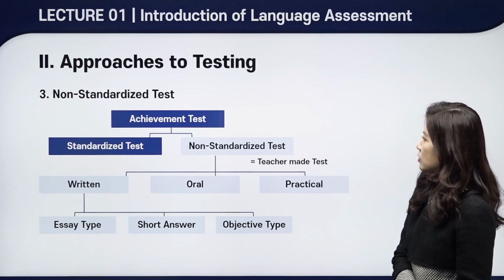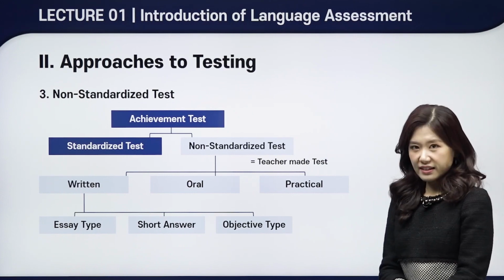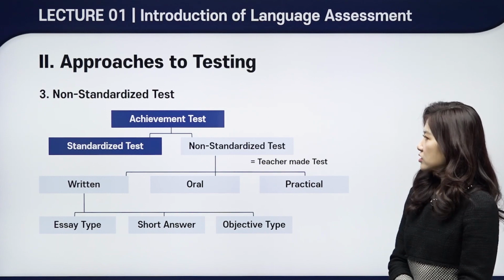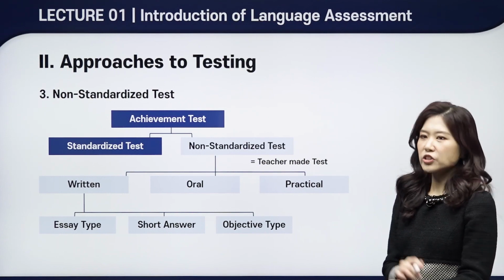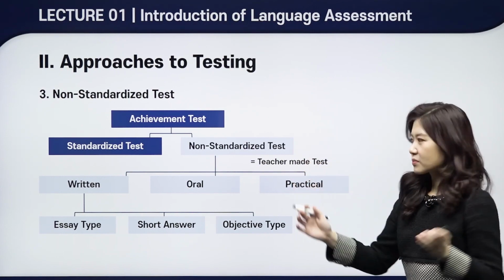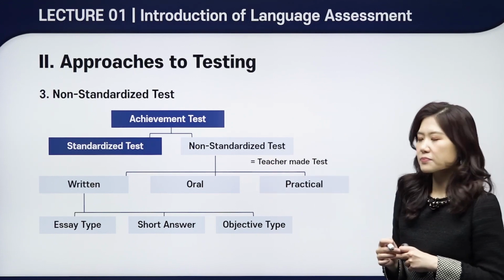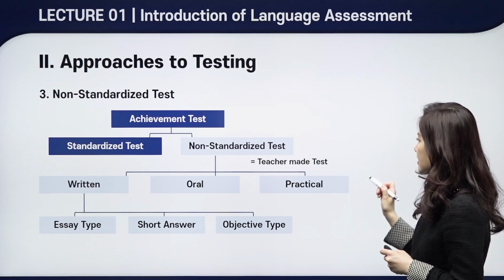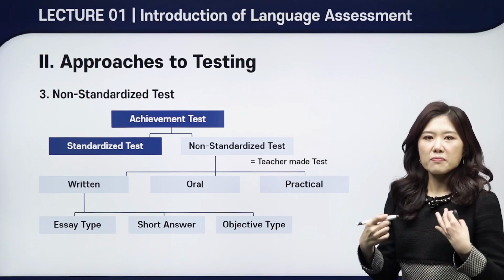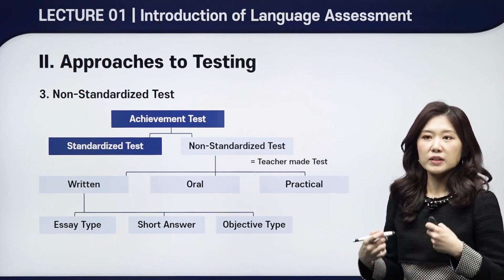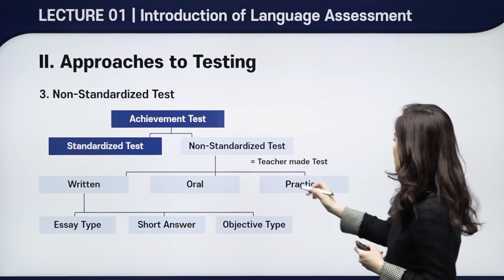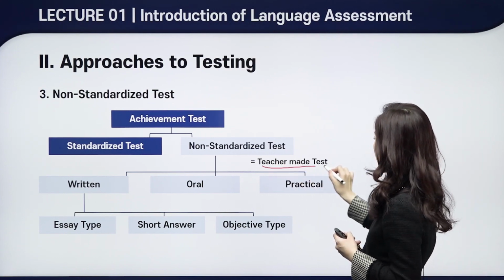Okay, let's have a look at non-standardized tests. Under the overarching term of achievement test, we see standardized versus non-standardized test. So it's non-standardized because it's not one of the major ones. It's not something that has been standardized, but it's something that's designed by the teacher.